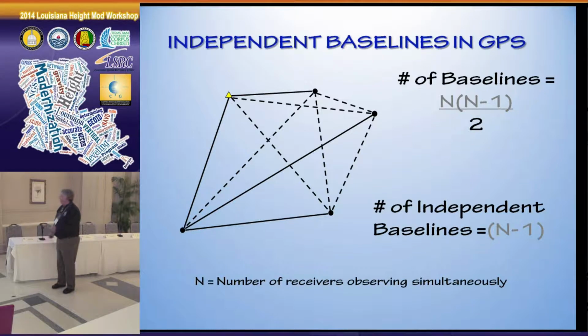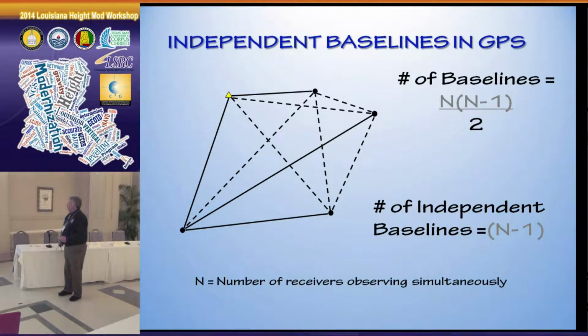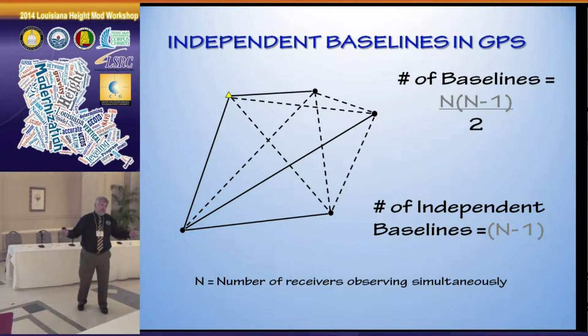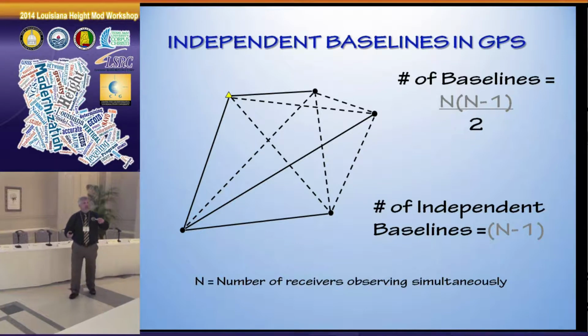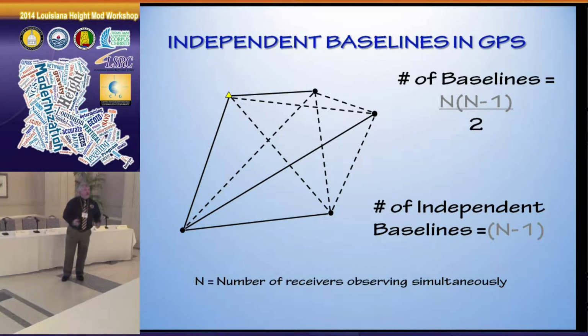If you look at this little formula here, 5 times (5 minus 1) divided by 2, that's 10. But the real number of independent baselines is 4. The rest of them are inverses. I've heard people say, no, they're all fine. Well, the only bad thing about doing all of them is that you're going to get a better statistic than you really should be looking at.